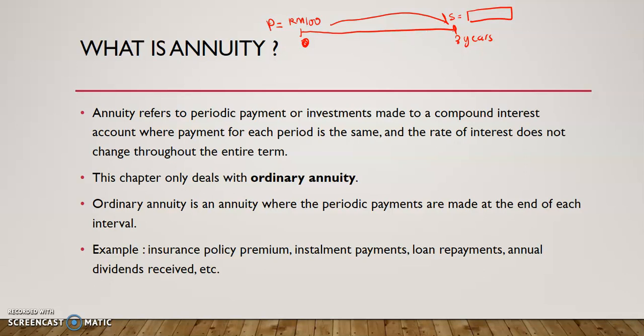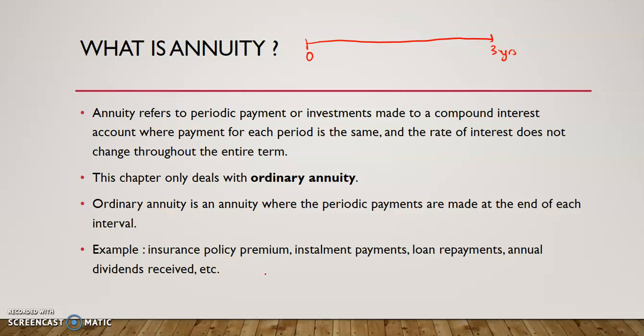But in annuity, now you have 100 ringgit, but you want to invest 100 ringgit for every period over the 3 years. Okay, let's say you want to invest every month for 3 years.